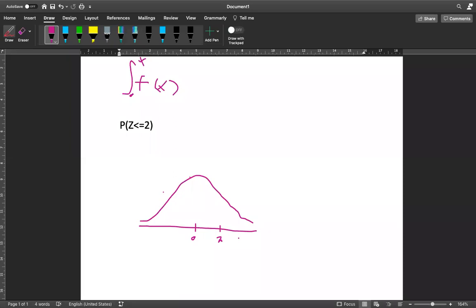Now, we are looking for the probability that z is less than or equal to 2, isn't it? So how do we find such an area? Does the area occur at the left of 2 or at the right of 2? Less than or equal to 2 means it will occur at the left side.